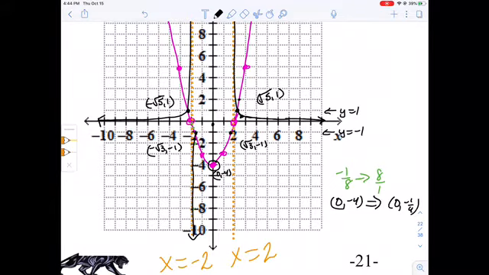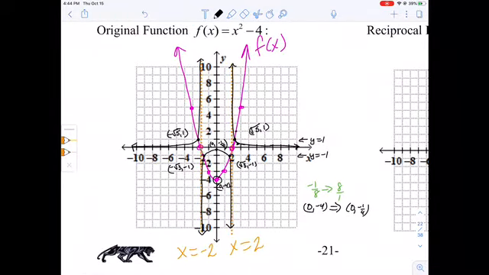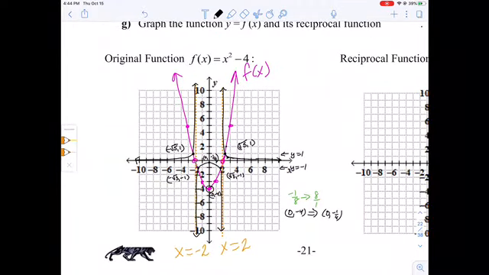So right here, 0, negative 1/4 is sort of my new vertex. When x is 0, y is negative 1/4. And then this is going to mirror on the other side. Reciprocals of little numbers will become big numbers out on the outer branch. And there is our reciprocal function drawn.